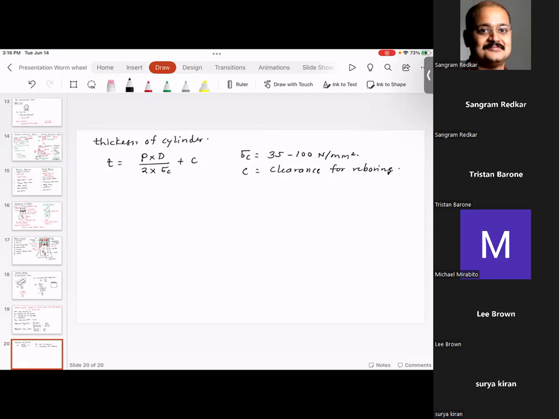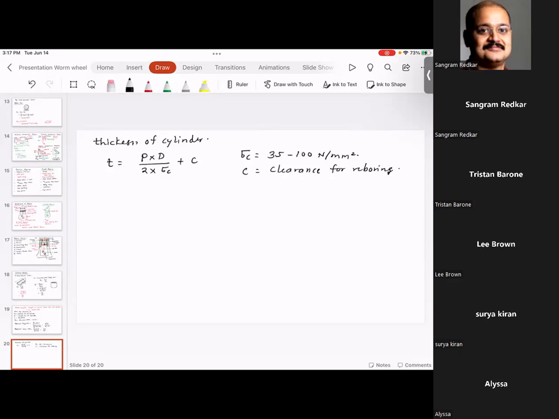So that is where we want to rebore the inside of the cylinder, and that would increase the diameter, and then you will have to change the cylinder liner and fit it in, and then you have the cylinder ready to go.